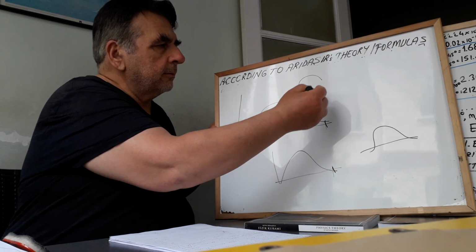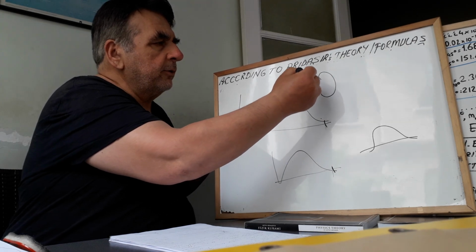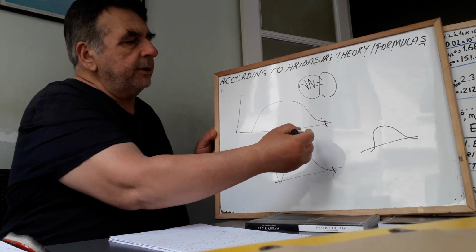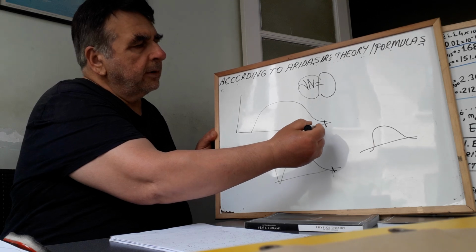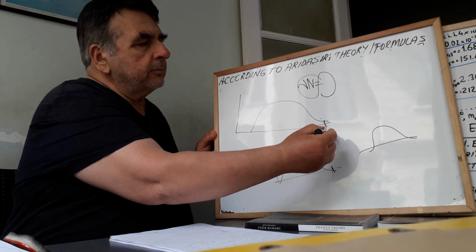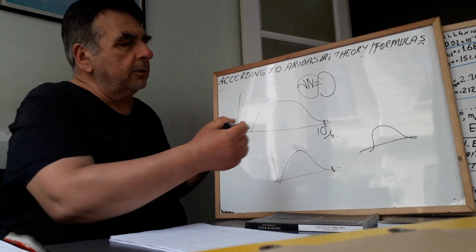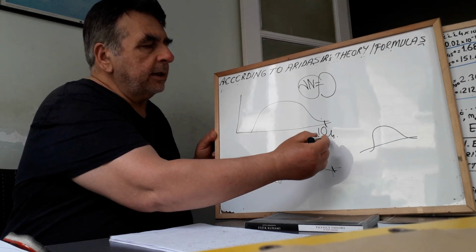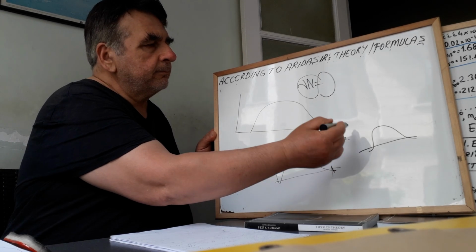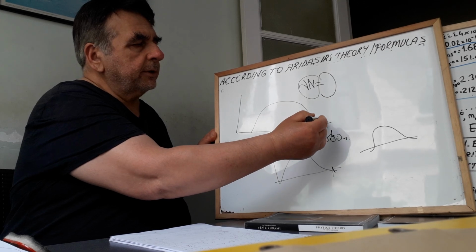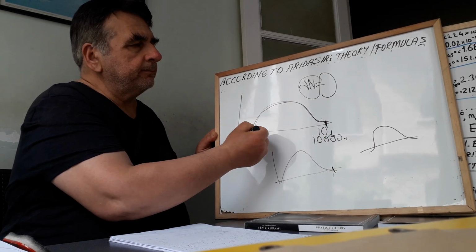Here, lambda normal is equal to, say, 10 micron or 10,000 nanometer. Okay, starting point that.